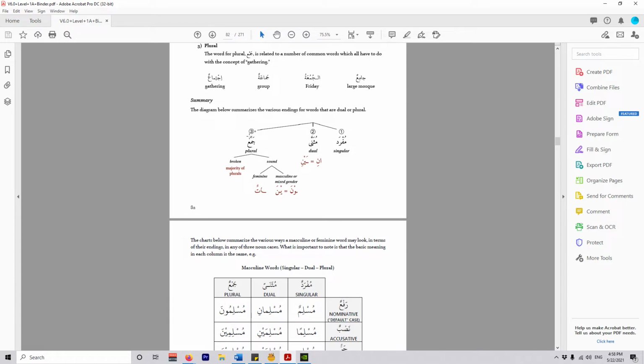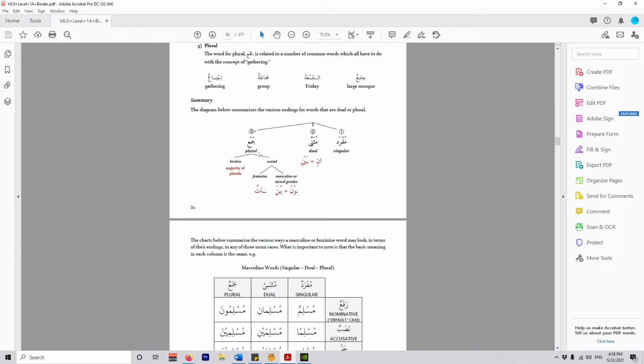And so here's a tree that visually demonstrates how plurals work in Arabic, the basics of it. So singular, it's going to be like muslimun. If you want to make it dual, you can make it muslimani, muslimaini.